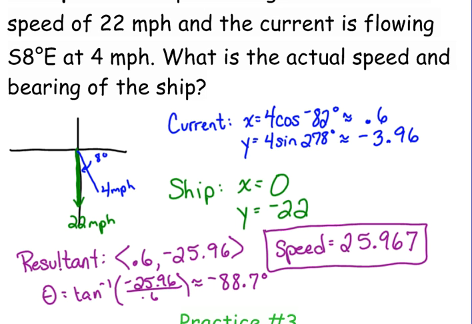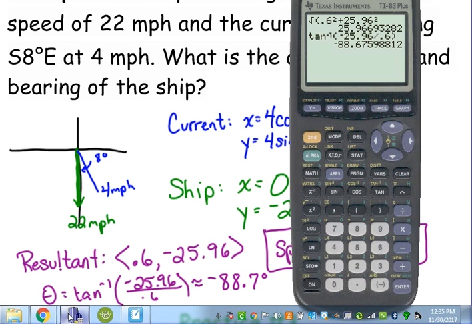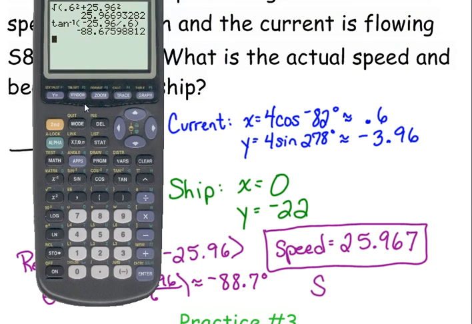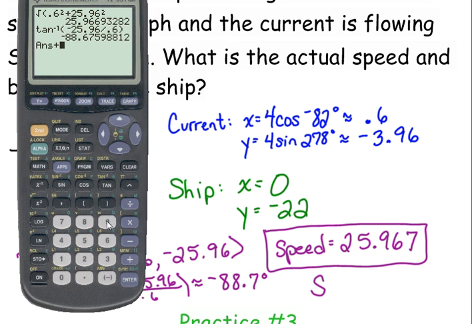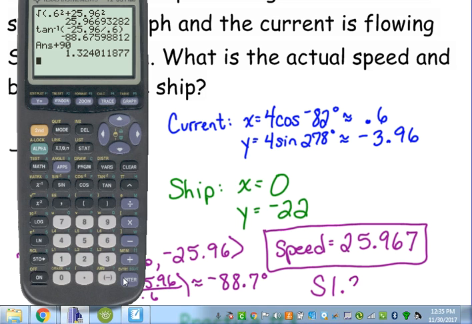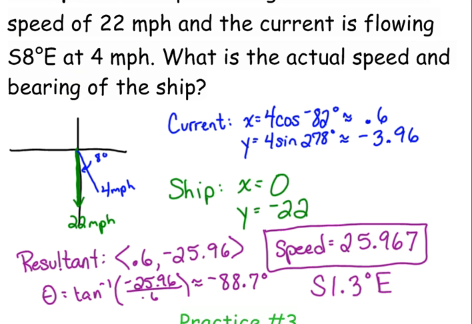Let me get you started on it. If I start with the direction of south, bearings are always between 0 and 90. South 1.3 degrees east. Okay, I've worked backwards from the way I was going before.